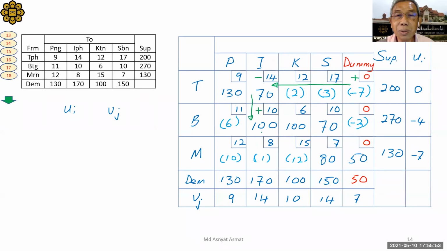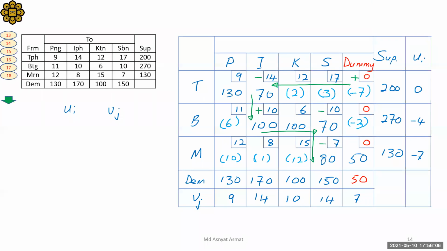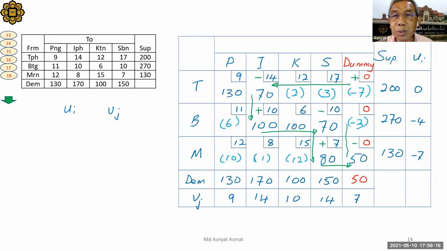Then we go right here: plus, minus, minus. Then we go down: plus, plus. Then we go around again to the right: minus, minus. Then we go up and close. Okay, good.